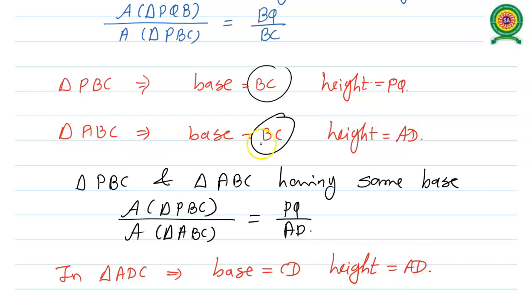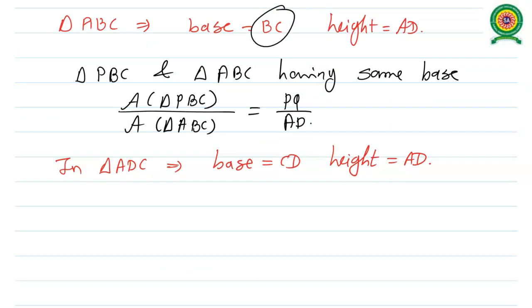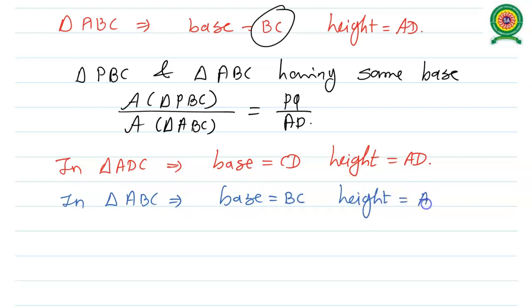And what about ABC? BC becomes the base and AD becomes the height. So I am writing under it, in triangle ABC we have base BC and height AD. So both the triangles now have the same height. So what about the ratio of their area?